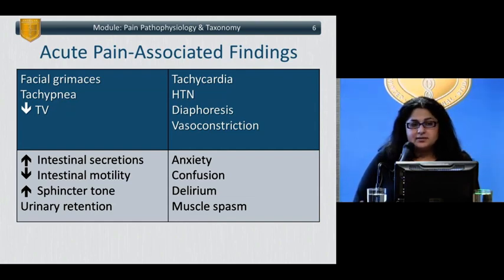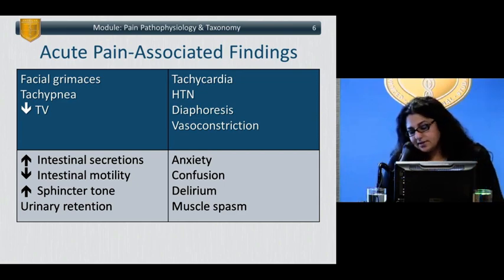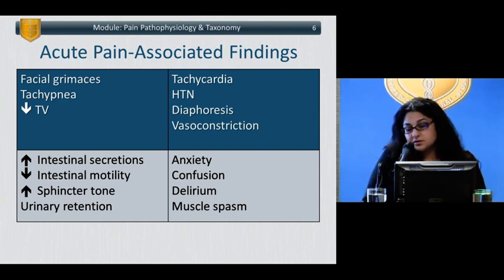With acute pain, it sometimes can be associated with neuroendocrine stress response, and by that I mean there can be hemodynamic effects that can be present. Examples of some of the hemodynamic effects that can be seen, but not necessarily required to be seen with acute pain, are tachycardia, hypertension. Sometimes patients can become very diaphoretic.